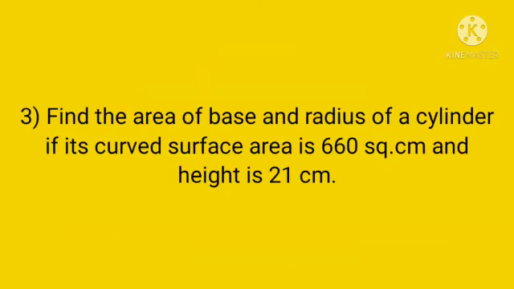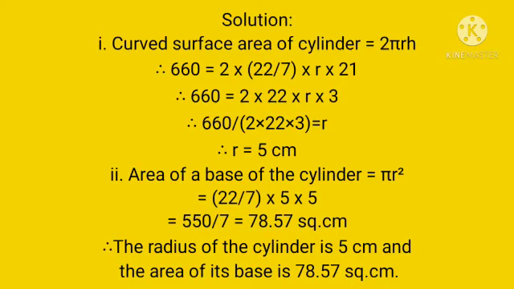Sum number 3. Find the area of base and radius of a cylinder if its curved surface area is 660 square centimeter and height is 21 centimeter. Solution. Curved surface area of cylinder is equal to 2 pi r h. Let us substitute the values.